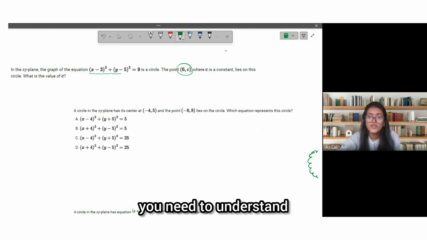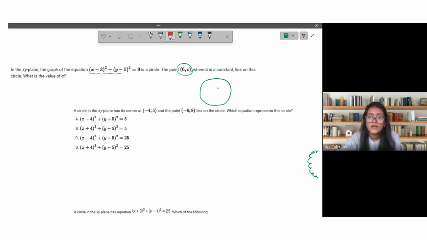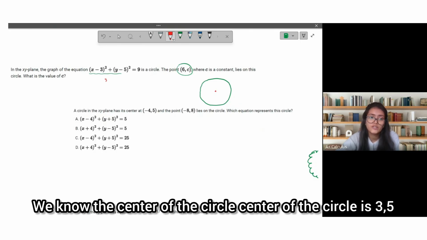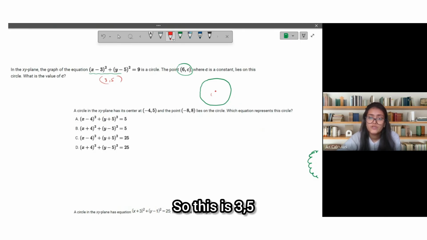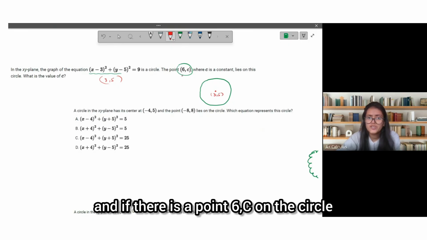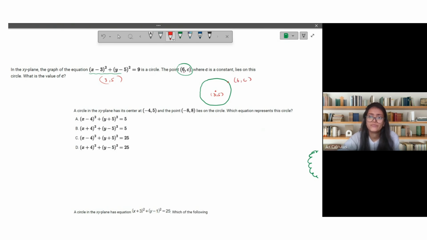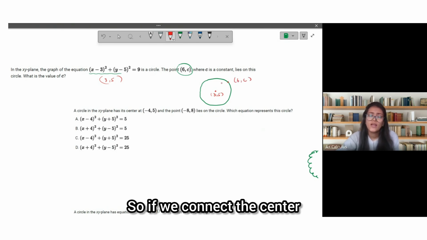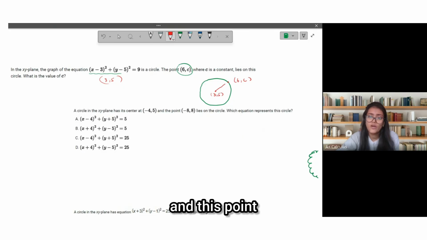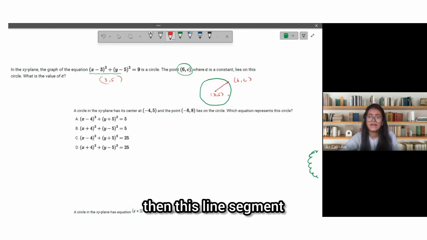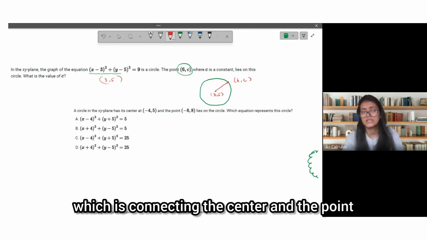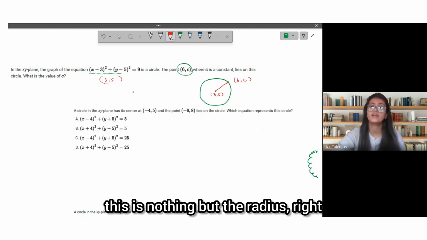So you need to understand that if you have a circle and we know the center of the circle is 3, 5. And if there is a point 6, C on the circle, it doesn't matter where it is, so let's say this point is 6 comma C. If we connect the center and this point, then this line segment is nothing but the radius, right?